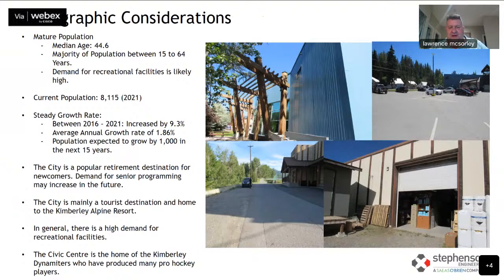There are quite a bit of people in the 15 to 64 year category. Current population is about 8,000, and you're having some pretty steady growth over time. Some towns we look at, that's not the case, they've been pretty flat or declining. But in your case, your population is expected to grow, and that's something to keep in mind when you're thinking down the road.